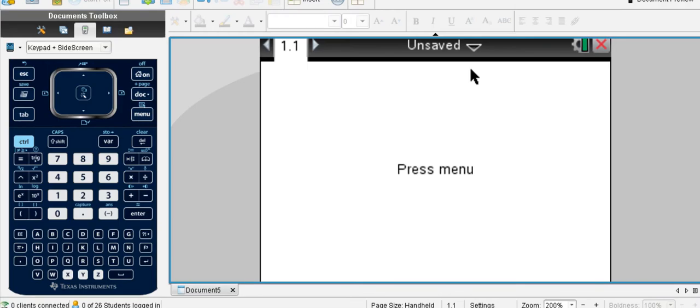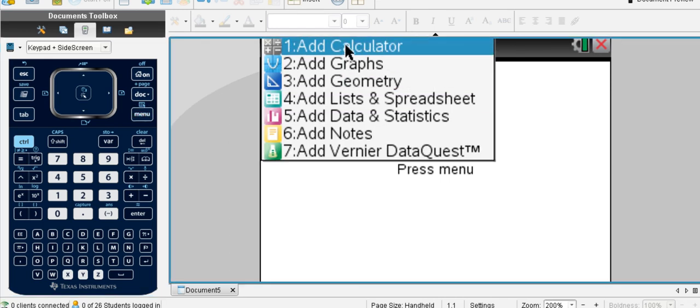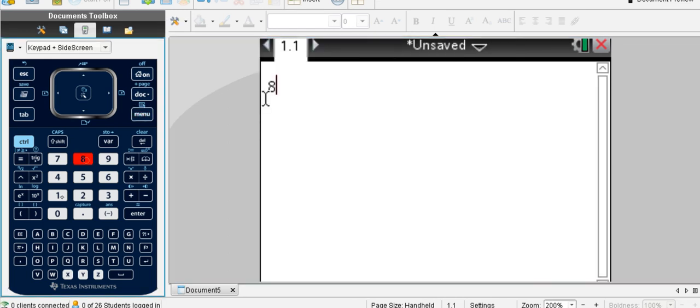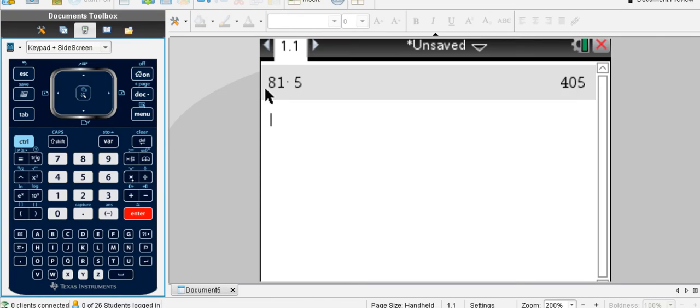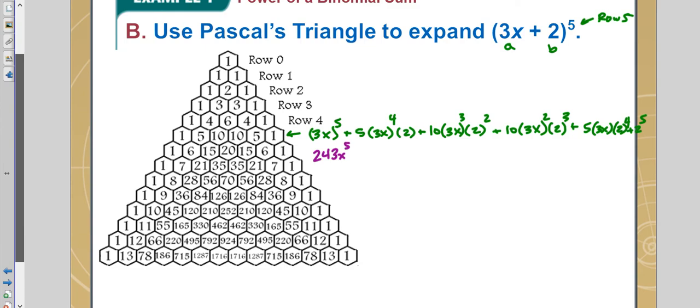Let me make sure I don't make a mistake here. I think it's going to be 405. So 81 times 5 is 405. And then we need to multiply it also by 2, which should give us 810. I'm glad I did that.